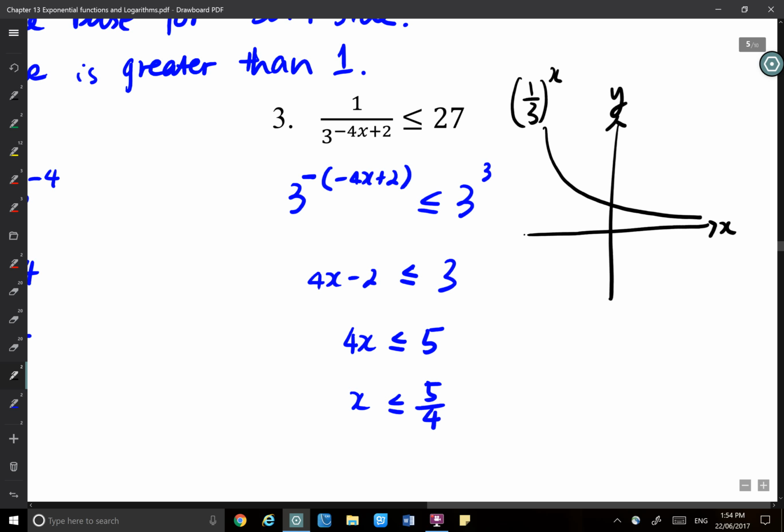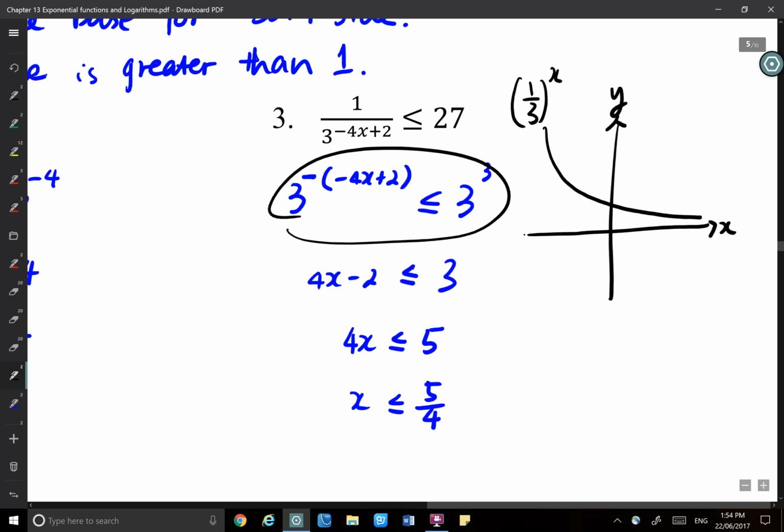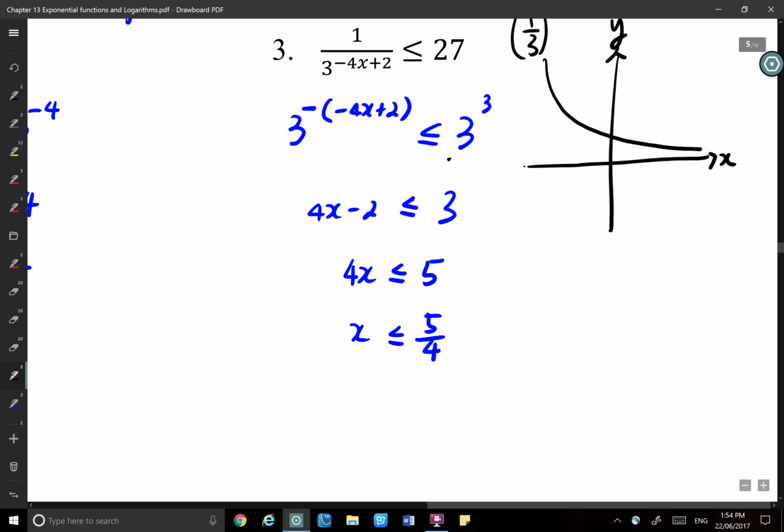I need a smaller x value to get a larger y value. The sign is like, think different ways, okay? It's not the same as here, where the larger the number, the larger the power, if your base is greater than 1. But when you have a third, for example, a third to the power of x less than or equals to a third to the power of 2x plus 1.